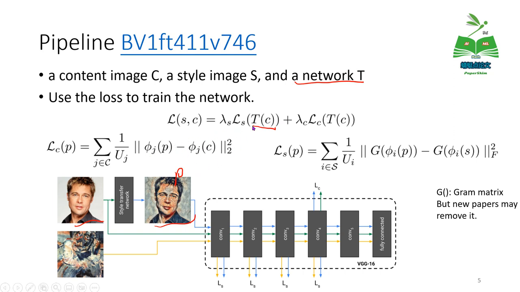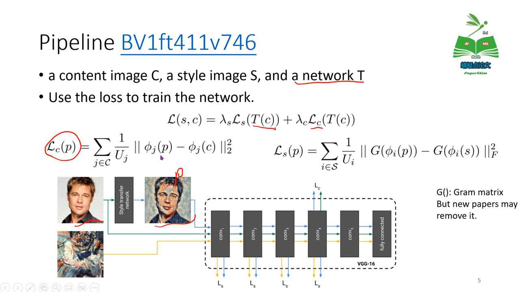They have two components in the loss. One measures the content, because we want to keep the content. They measure the difference between the content image and the generated image using this VGG network.